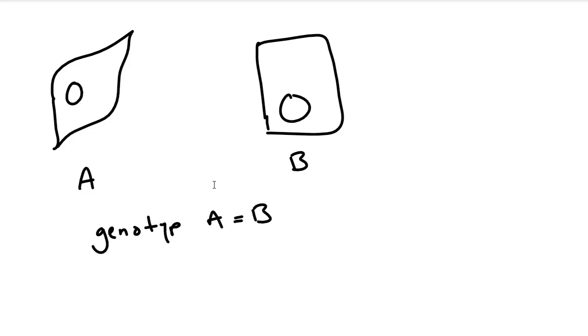Phenotypically, they're going to be different. Now, these cells, even though they're genetically equivalent and they're independent agents, within a tissue, within the organism, they're working in concert with each other.